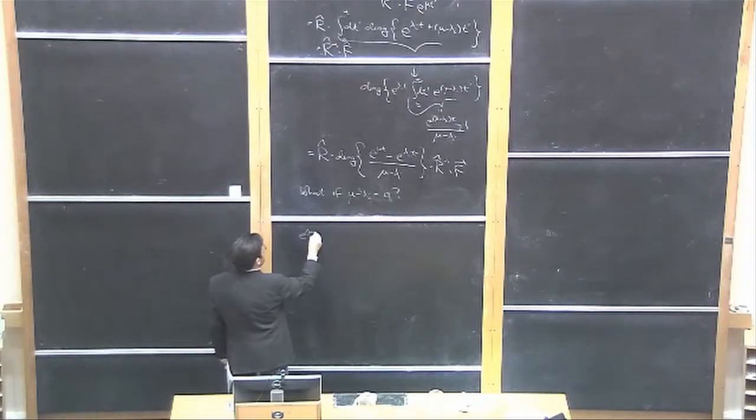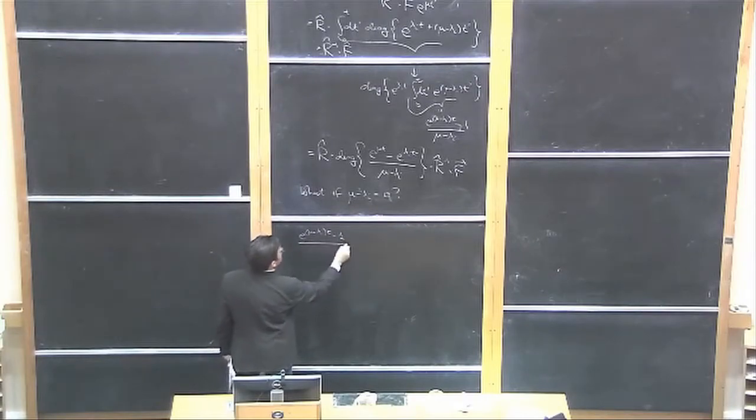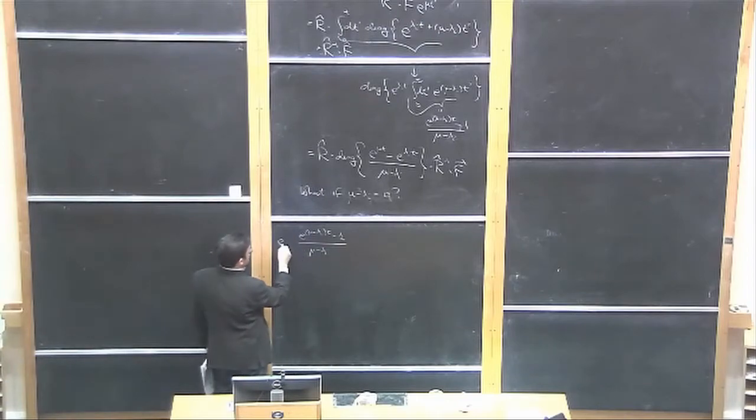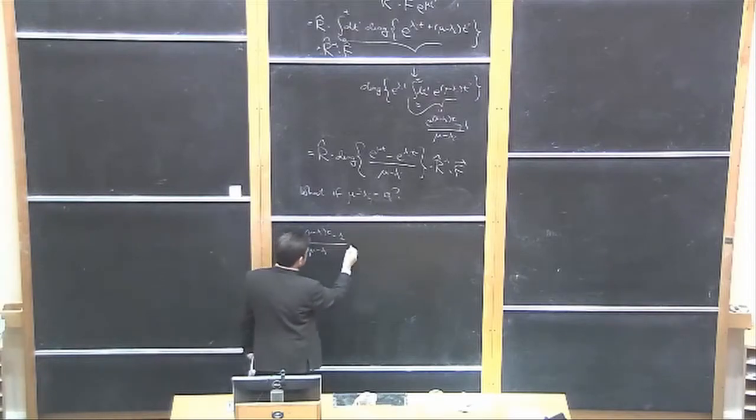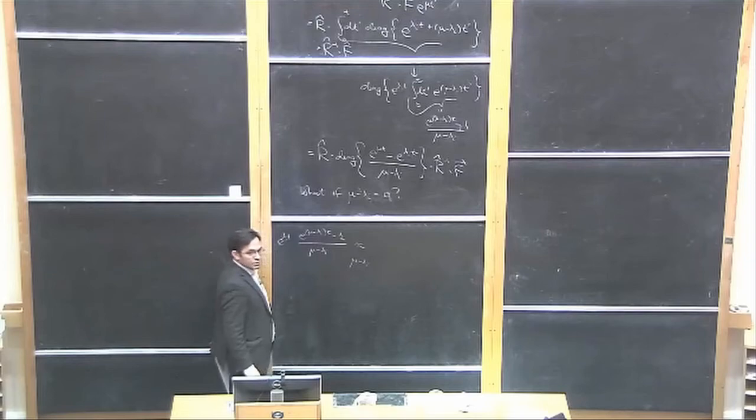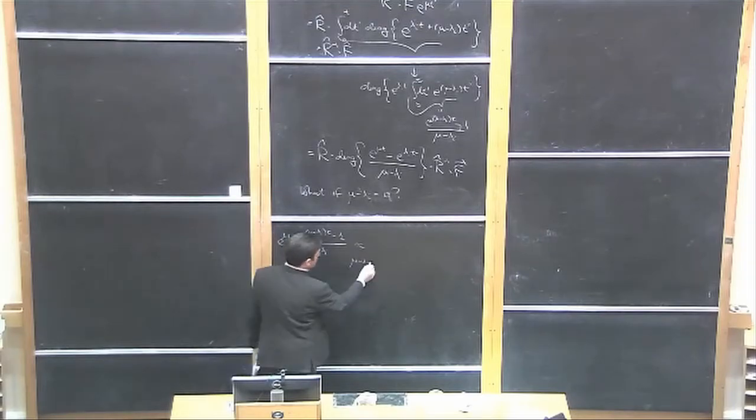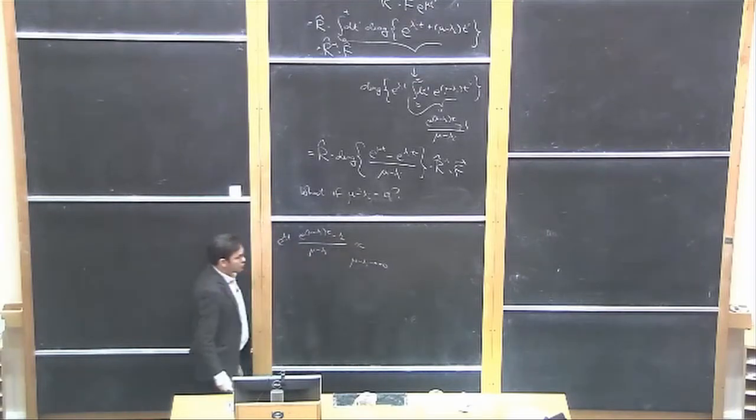Well, e to the (mu minus lambda I) t minus 1, over mu minus lambda I, and then times e to the lambda I t. Let's consider what this does when mu minus lambda I is not 0, but is very small. So let's take it to plus 0.